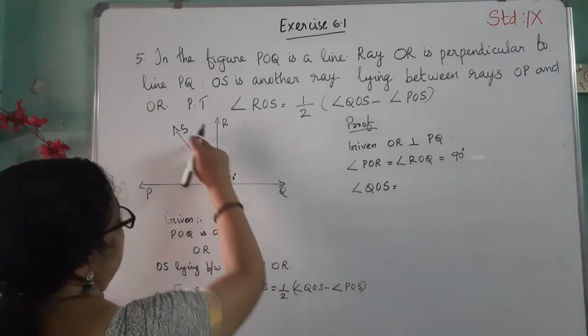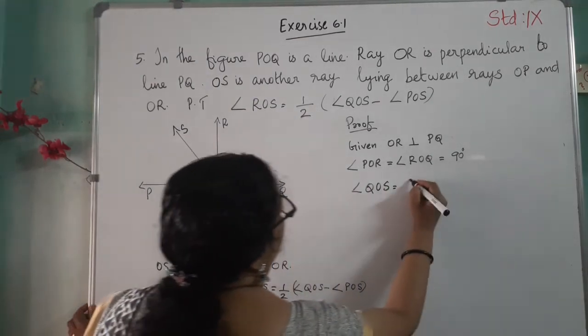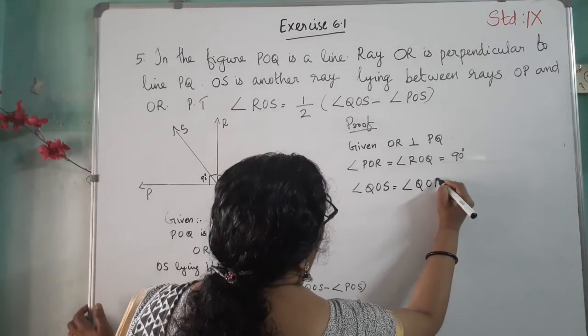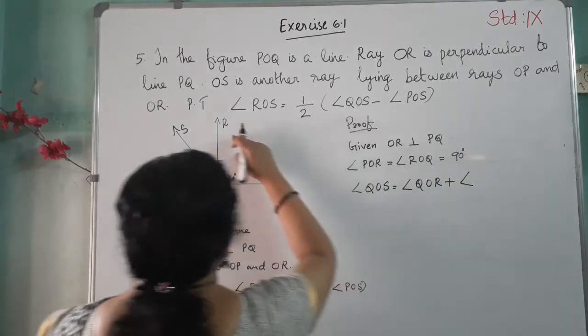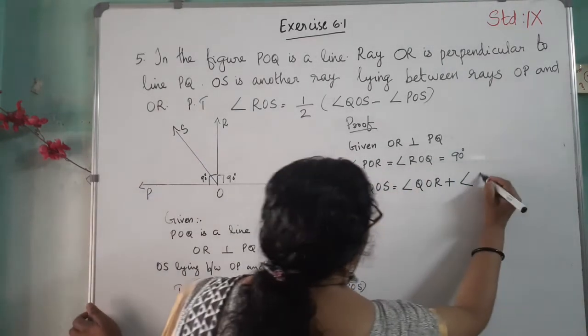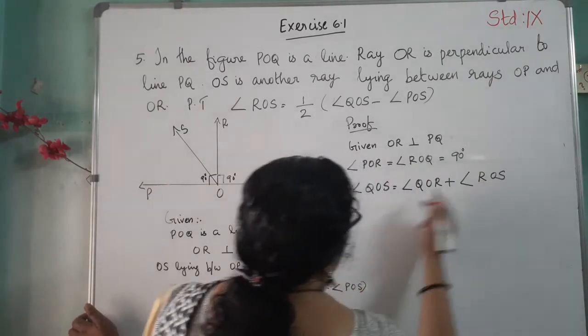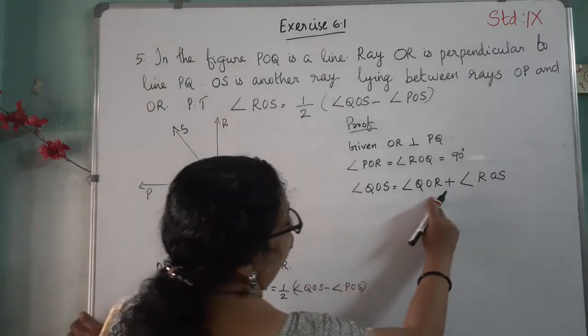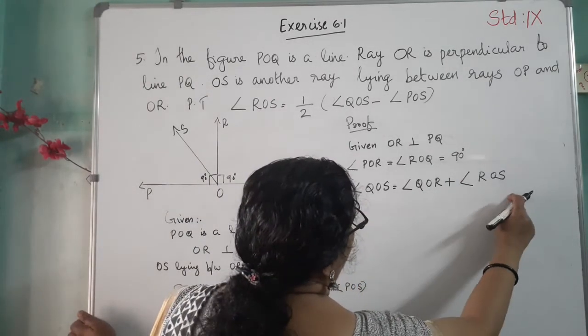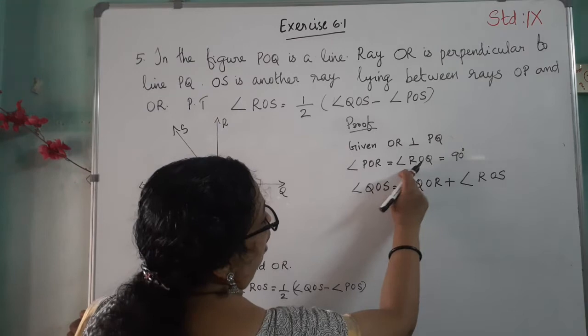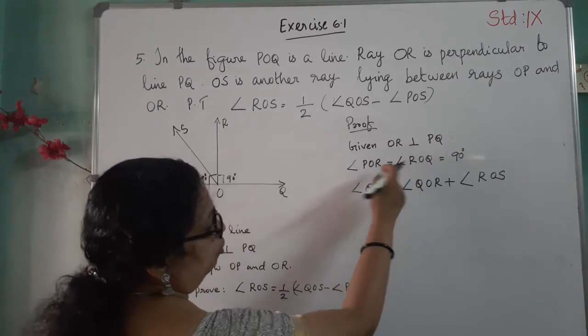Angle QOS equals angle QOR plus angle ROS, and angle QOR is equal to angle POR.